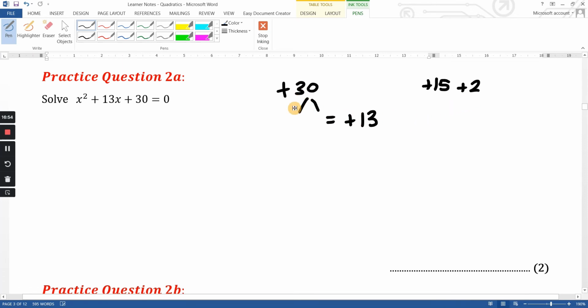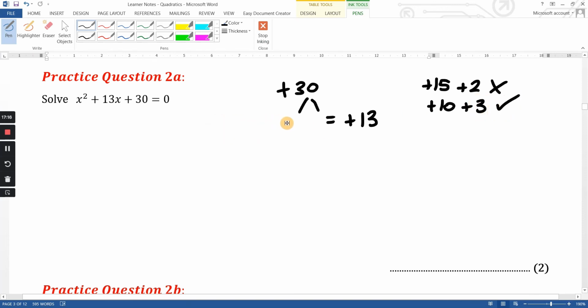They're both going to be positive here, or both negative, and in both cases, you're not going to get positive 13, so that's not going to work. So I reckon it's going to be 10 and a 3. That's going to work, isn't it?